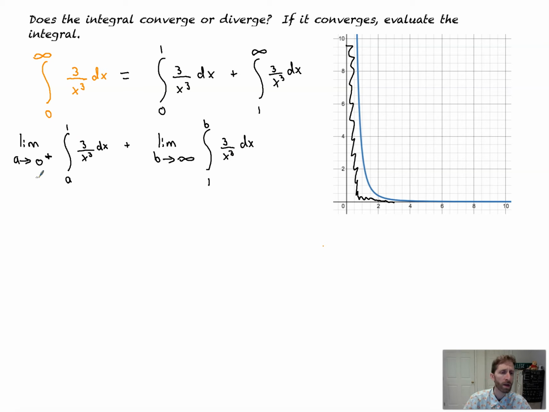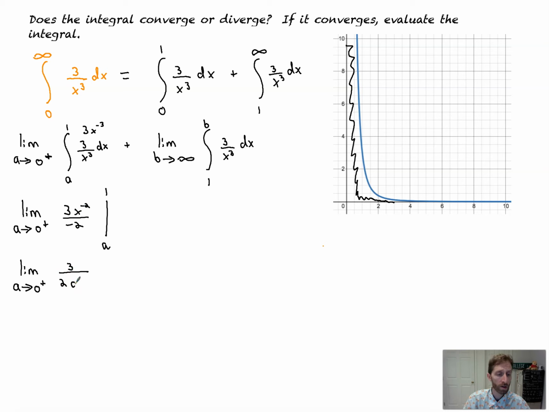Okay, let's do this. We're going to integrate this like normal. We get the limit as a goes to 0 from the right, and I'm looking at that as 3x to the minus 3. You add 1 to that, and we get 3x to the minus 2 all over minus 2, evaluated from a to 1. And again, we only evaluate this one, because if it diverges, there's no reason to check the other. So, the limit as a goes to 0 from the right of 3 over negative 2 times x squared in the denominator.